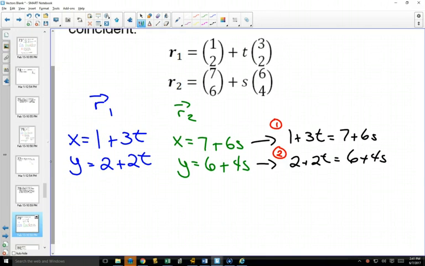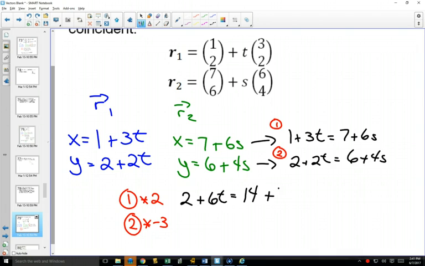So let's say I'm going to use my elimination technique. I decide I want to get rid of my t's. So I'm going to take equation 1 and multiply it by 2. And I'm going to take equation 2 and multiply it by a negative 3. That way my coefficients in front of t will both be 6.